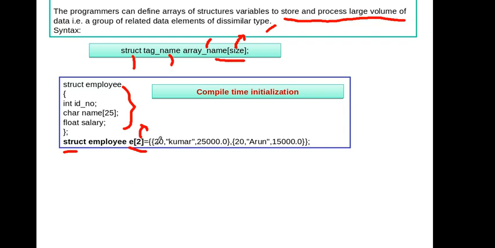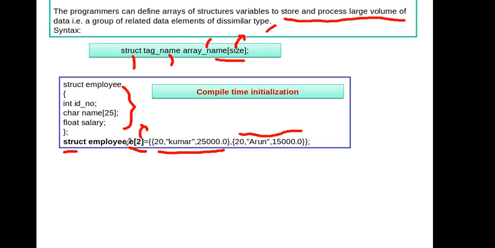Here we are statically, during compile time, initializing the structure variable by passing the values. These three values are the initialization for the first employee's details. These three values are the initialization for the second employee, right?